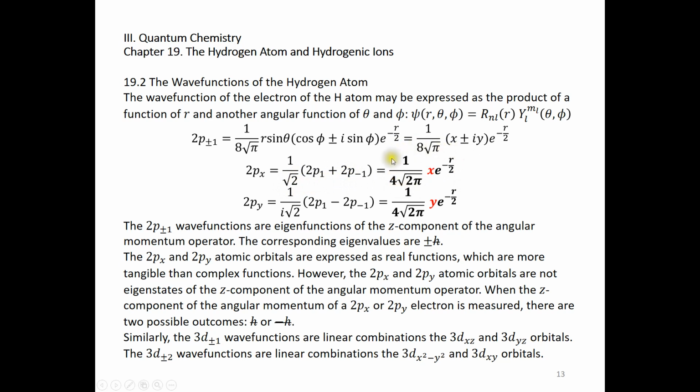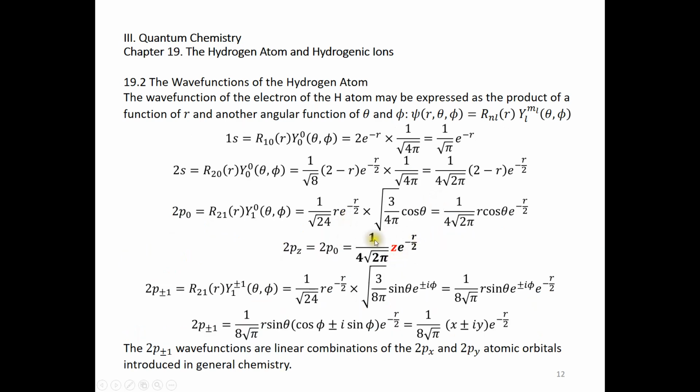We get the expression for 2px. Now we have similarly the expression of 2py, the same normalization factor times y times e to the power of negative r over 2. What about 2pz? Well, you just need to replace this y, you get 2pz. 1 over 4 times square root of 2 pi times z times e to the power of negative r over 2, that's 2pz. So you can see this 2pz over here.